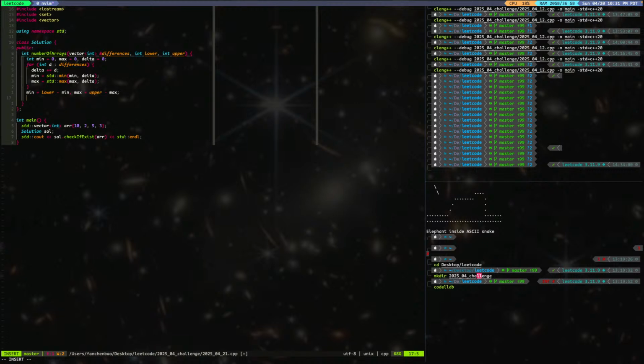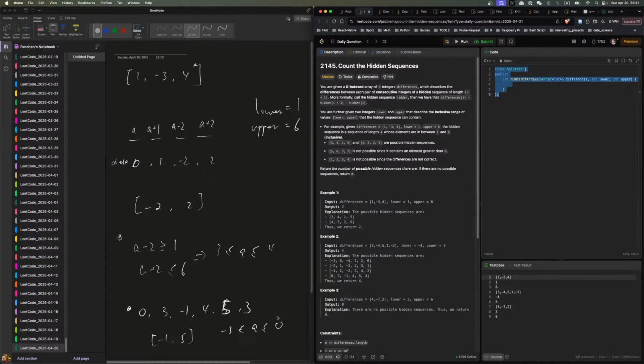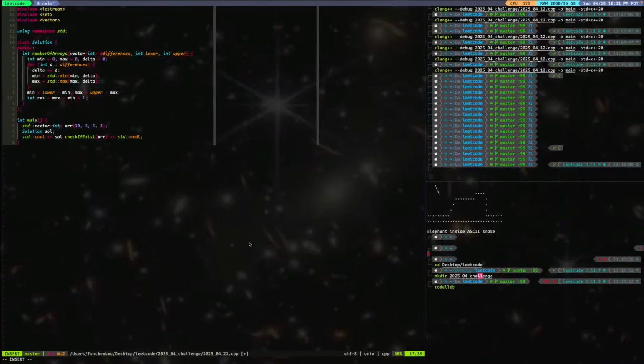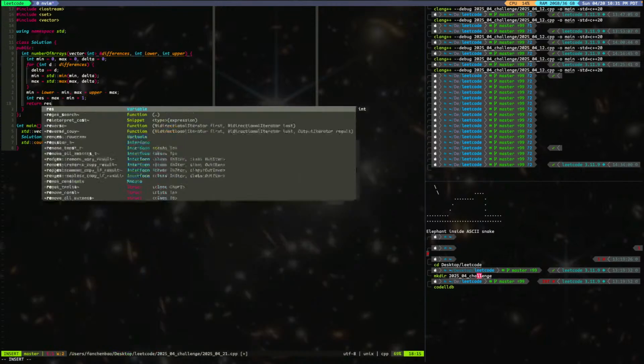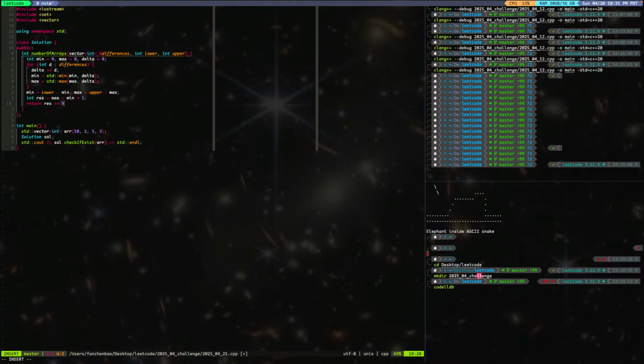Count, right? So rest shall equal max minus min plus 1, because that's what we have. So we'll return rest if it's larger than 0, right? Otherwise we'll just return 0.